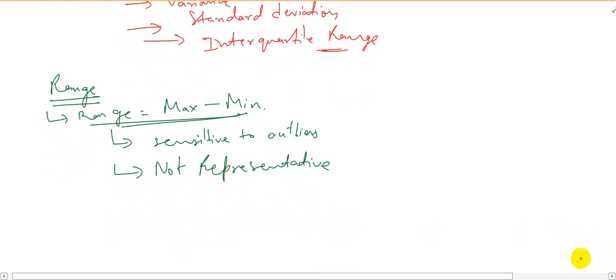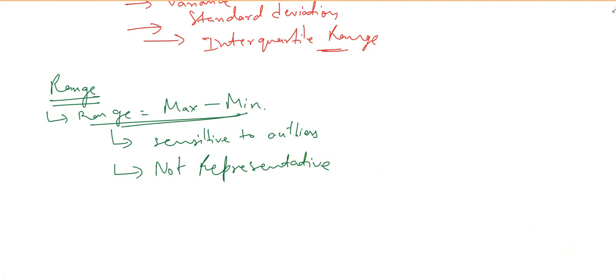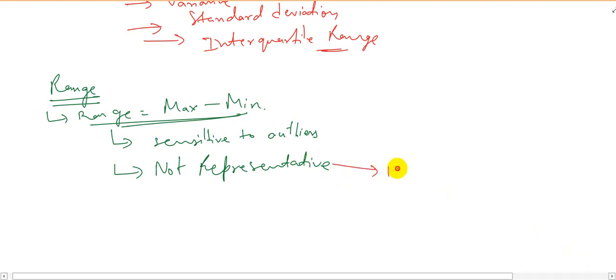It's just the difference between the maximum and minimum value. So this is the drawback of range.